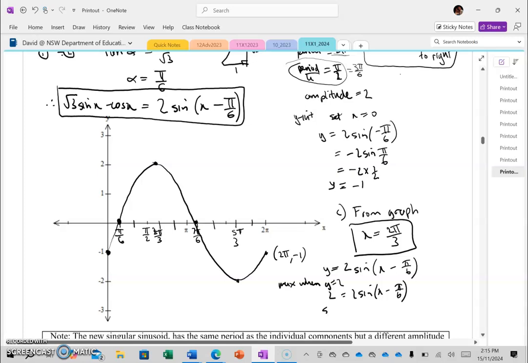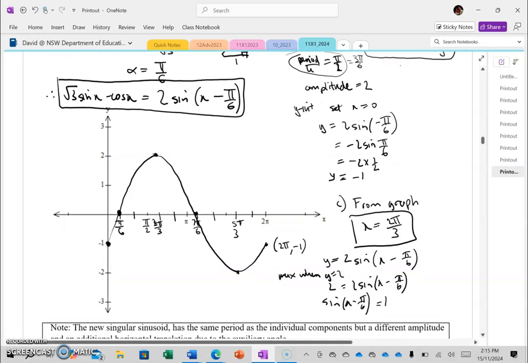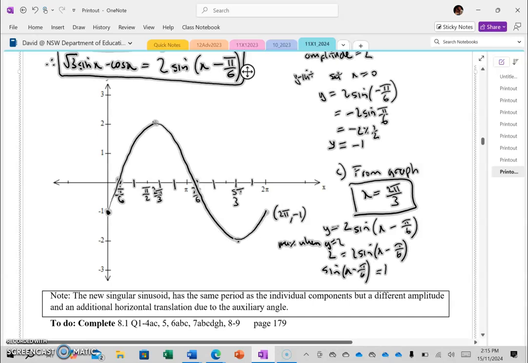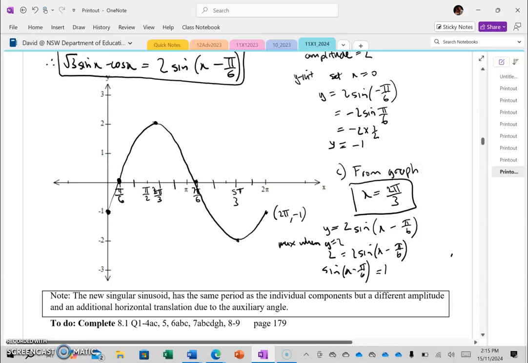You would divide by 2, you'd get sine x minus pi on 6 is 1. Okay, and then you'd think about the values of sine where sine equals 1, and the first positive one should come from pi on 2, okay? And then you can just add the pi on 6 there, and you'll get 2 pi on 3.